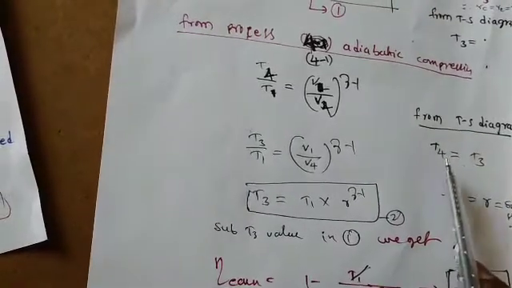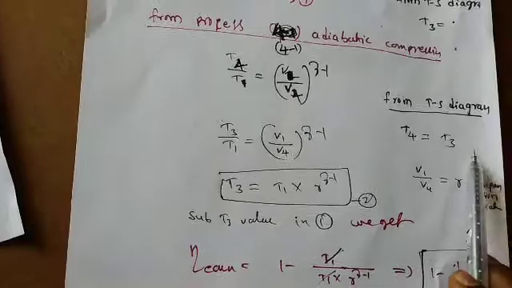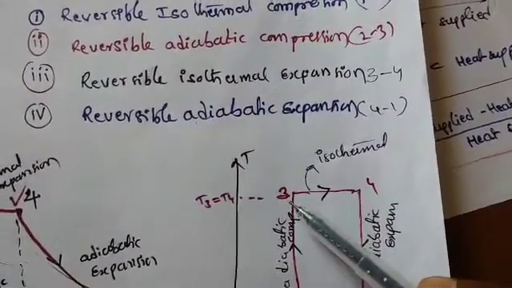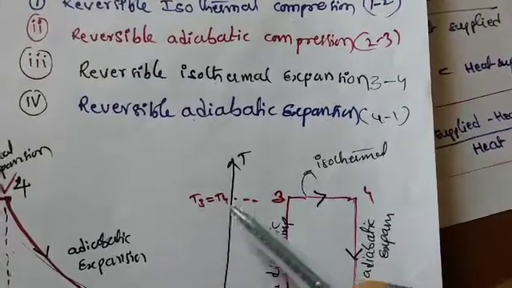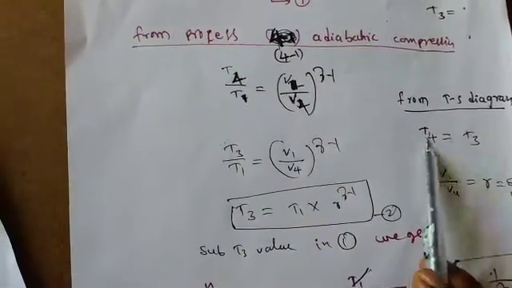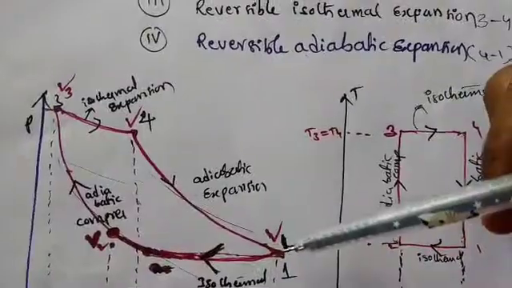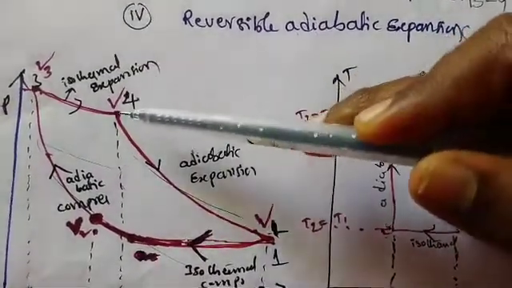From the TS diagram, T3 is equal to T4. So we can write T4 is equal to T3. And V1 by V4 is nothing but the expansion ratio, the end of the expansion divided by the start of the expansion.